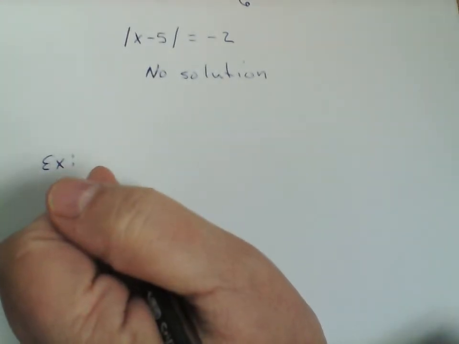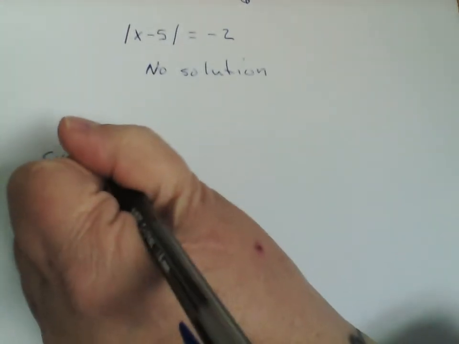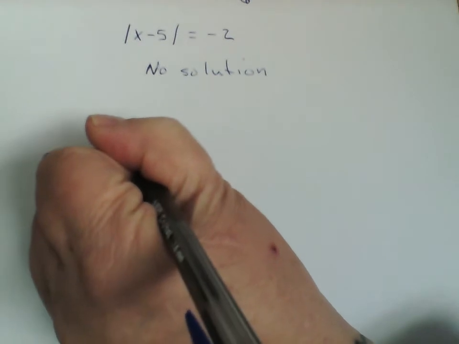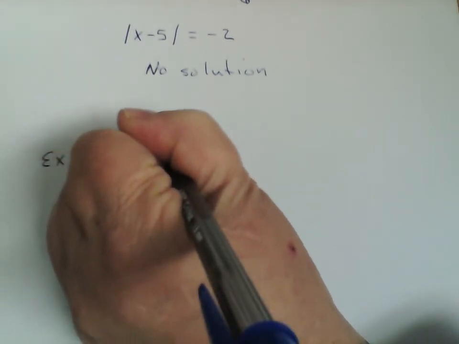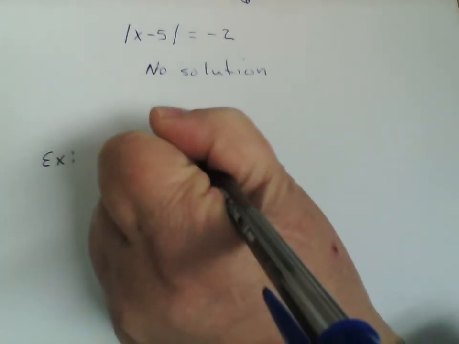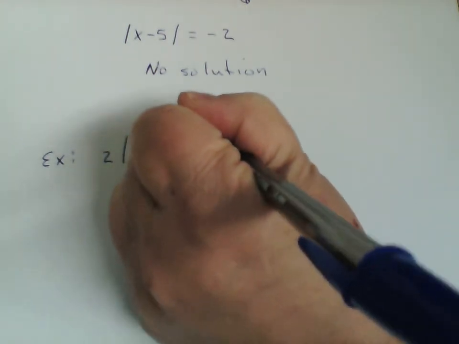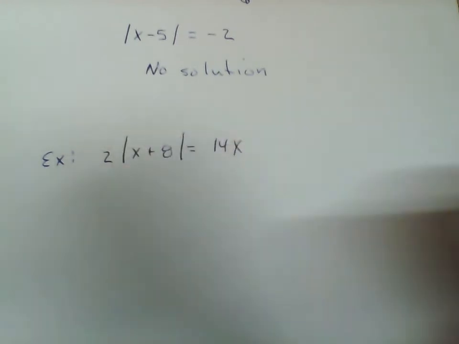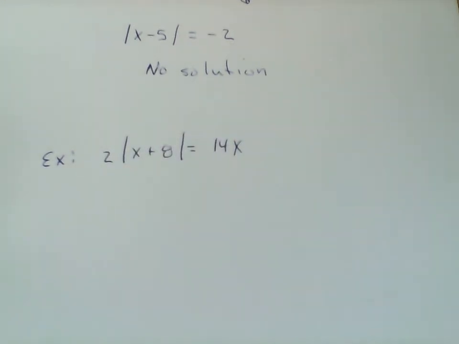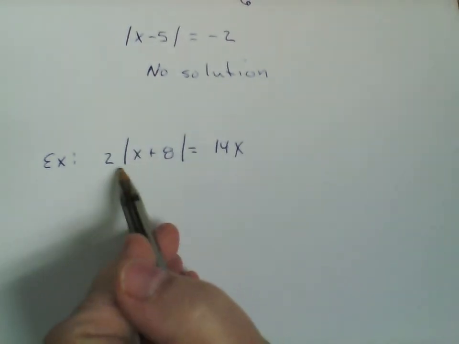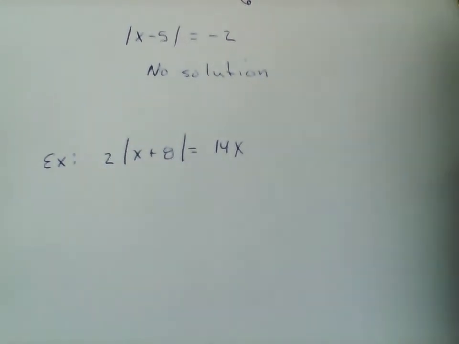So what if I have 2 times the absolute value of x plus 8 equals 14x? Well, the first thing I'm going to do is follow the same rules. I'm going to make it so that the only thing on this side of the equation is the absolute value of x plus 8.